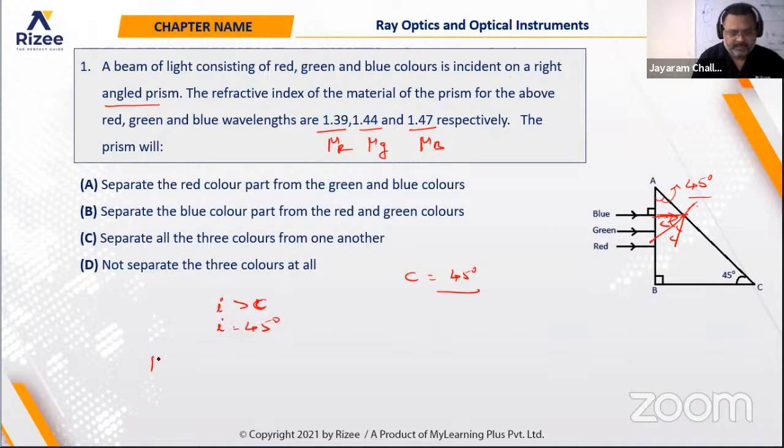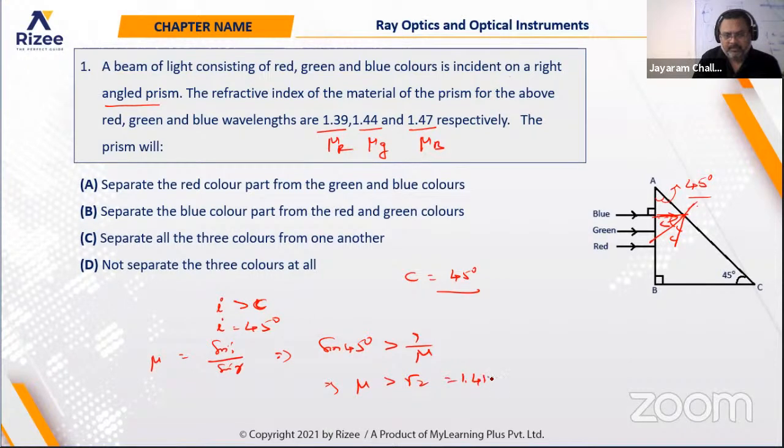From this one, refractive index mu is equal to sin i by sin r, in the sense r value is going to be 90. If I take that one, sin 45 degrees should be greater than 1 by mu, or from this one, mu should be greater than root 2, and your root 2 value is 1.414.